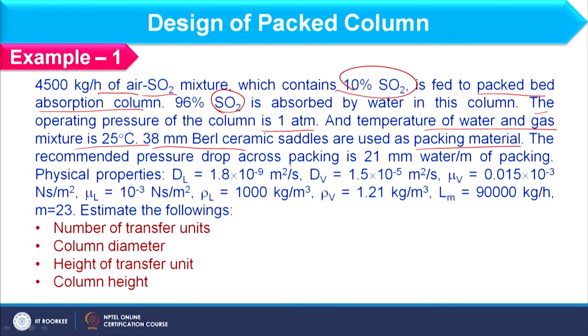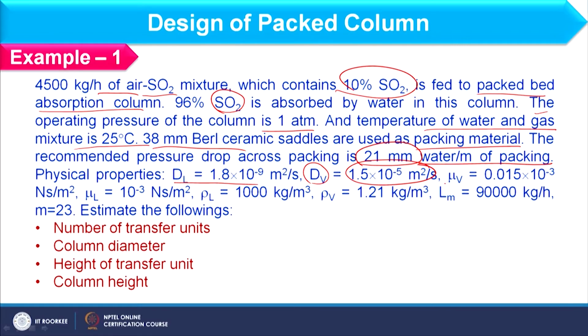The recommended pressure drop across the packing is 21 mm of water per meter of packing. Fine. Along with these, some physical properties are also given, such as DL, that is diffusivity in liquid phase, and DV, the diffusivity in gas phase. Because gas is easily diffusive, its value is greater than the diffusivity of liquid.